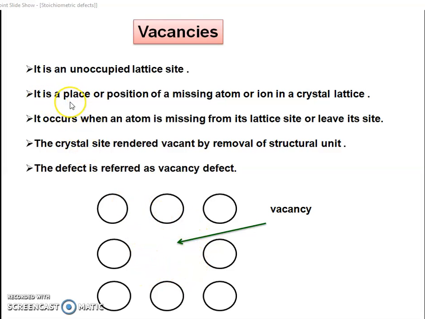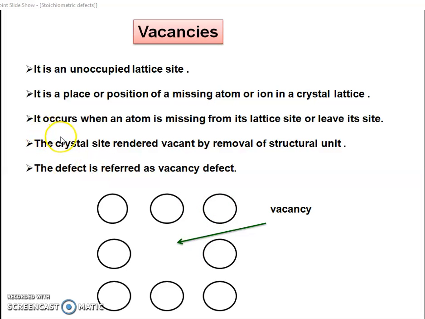Second point, it is the place or position of a missing atom or ion in the crystal. The order of these crystals becomes disordered due to the missing of an atom in the crystal lattice.